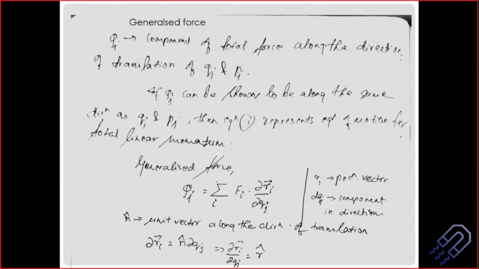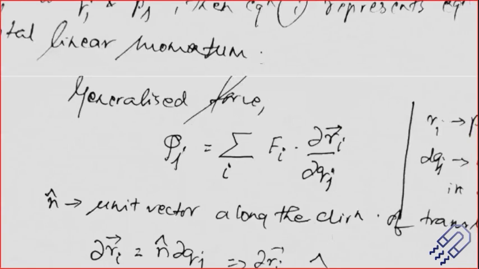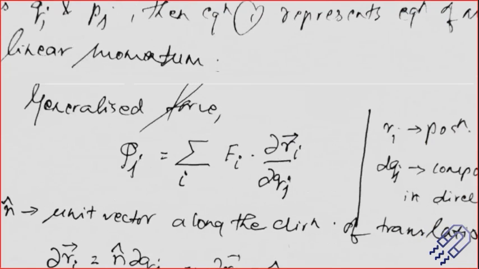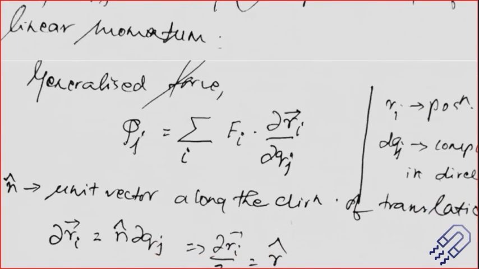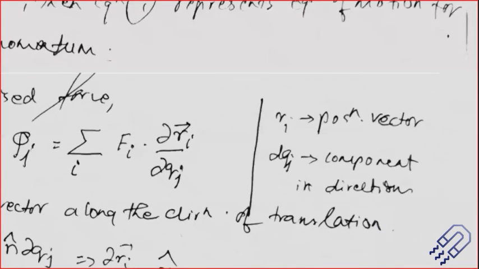The generalized force Qj is the summation over i of Fi times delta Ri by delta Qj. What is Ri? Ri is your position vector, and dqj is the component in that particular direction. We already talked about vectors, and if you want to define the direction of vectors, you usually take that relation.